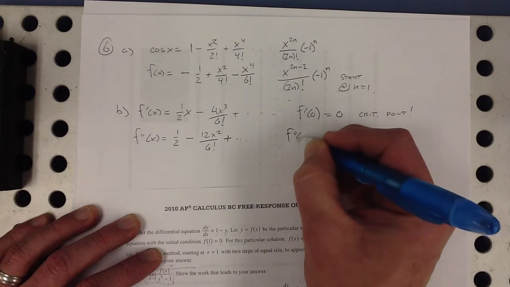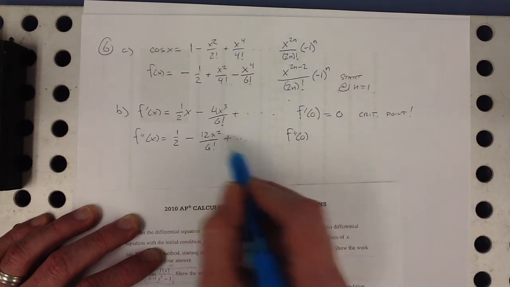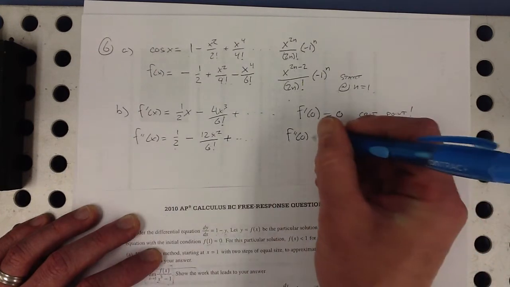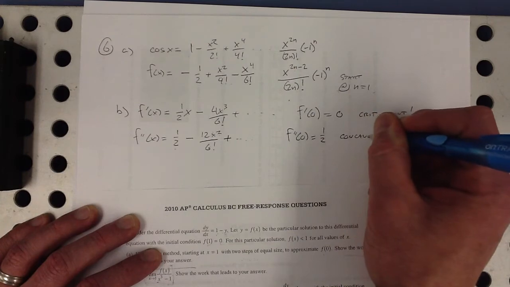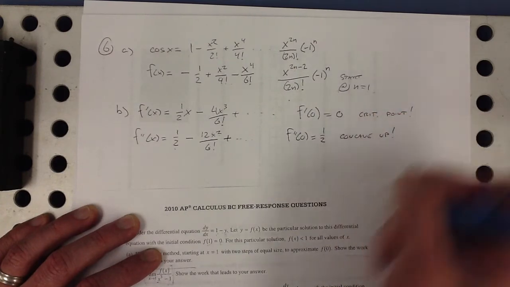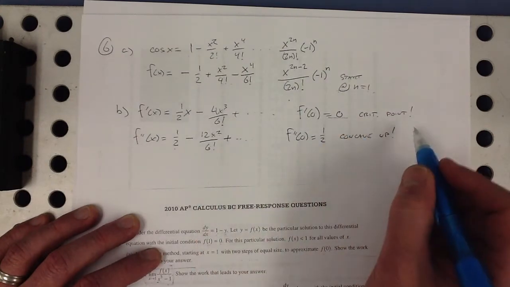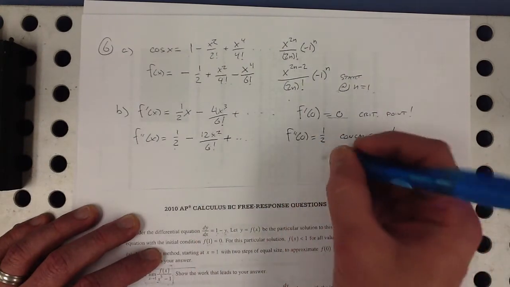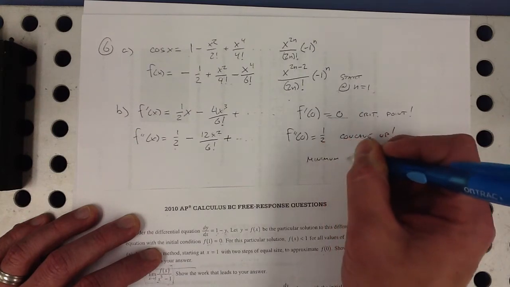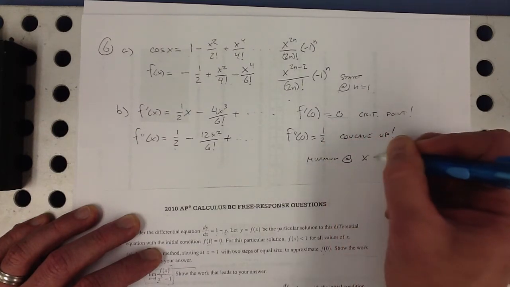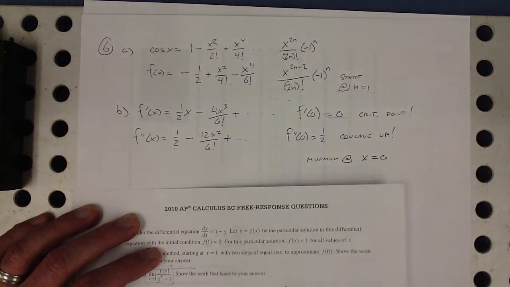And when you plug 0 in, the 0 knocks out every single term that has an x in it, which is every term except for that. So the second derivative is 1/2, which means it's concave up. So let's see. If the derivative is 0, horizontal tangent line, and it's concave up, this must be a minimum at x equals 0. So there's your justification right there.